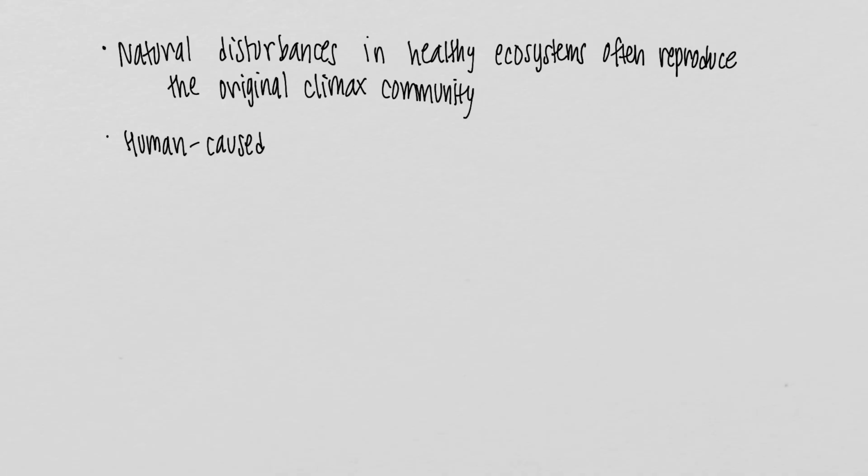But if it's a human-caused disturbance, if we're the ones causing the fire, or we're cutting down trees, then it's not necessarily going to go back to where it was. We might get some plants back. We might get some organisms that come back and see if they can build an ecosystem, probably where we stop cutting the trees, but it's not going to be the same thing.